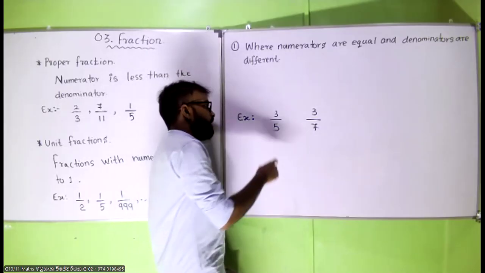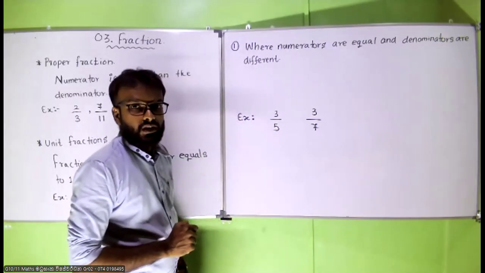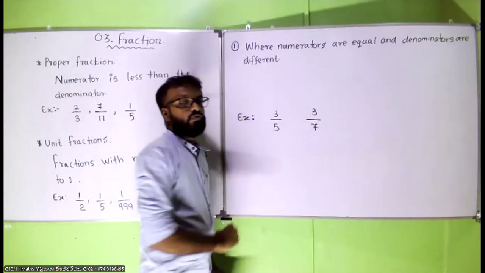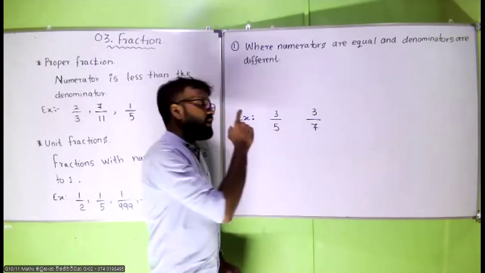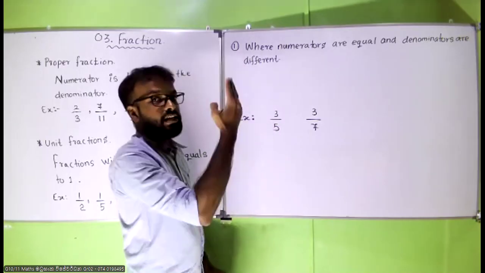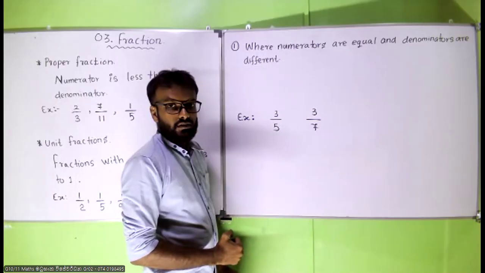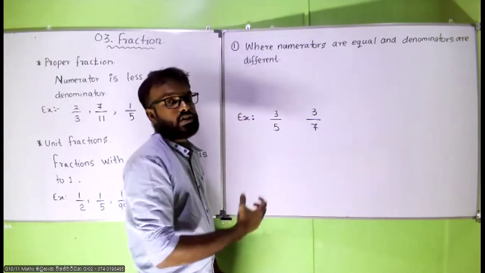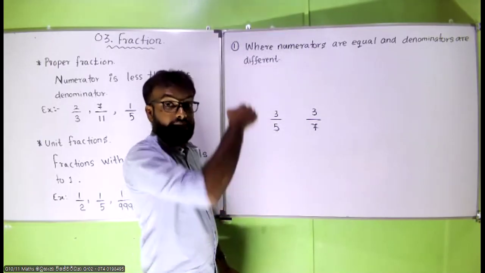If you have the numerator fixed and you consider the denominators of those two fractions, you need to remember: if the denominator is getting increased, what happens to the total value of the fraction? It is decreasing.